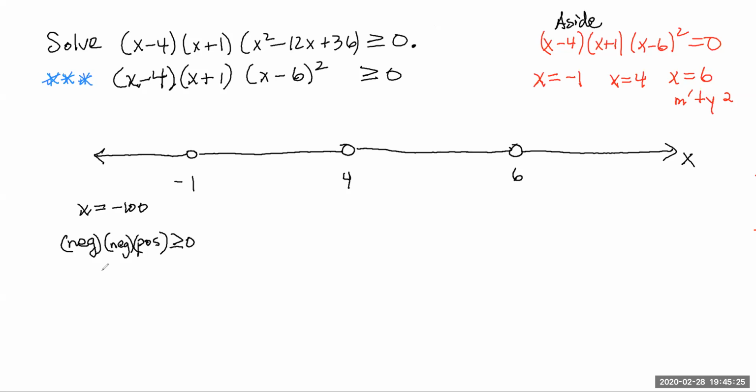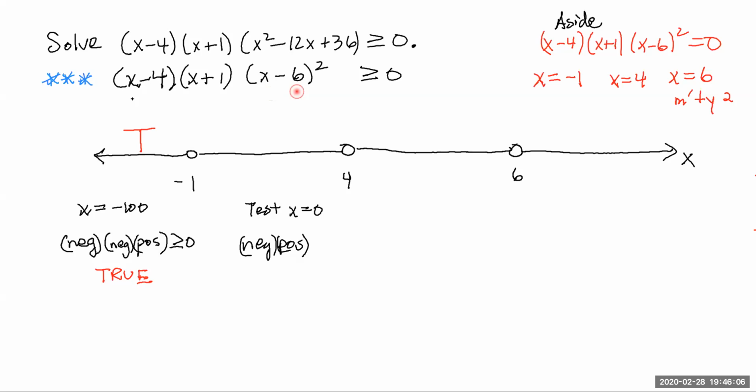And with inequalities, we always shade the true side. Now, this inequality is true, so I'm going to make a little note saying I'm going to eventually shade that true part. Why don't we pick another test point between -1 and 4? Let's pick test x equals 0. That's a good number. Remember, I'm putting the 0 here, here, and here.